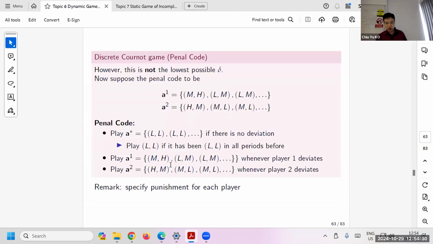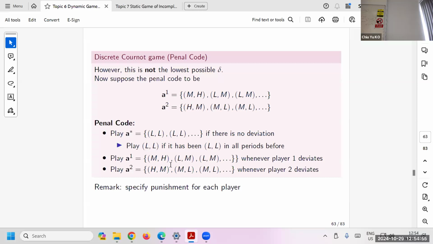A rule that he proposes: you have to decide that each player would have its punishment scheme. Okay, it's not punishing them together. So here A star would be the proposed path if no one deviates. So there's a book saying that, okay, if everyone follows, we'll follow the A star.